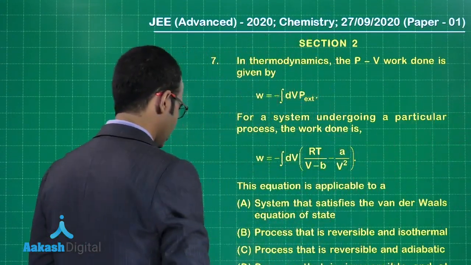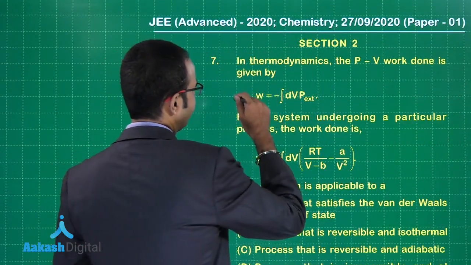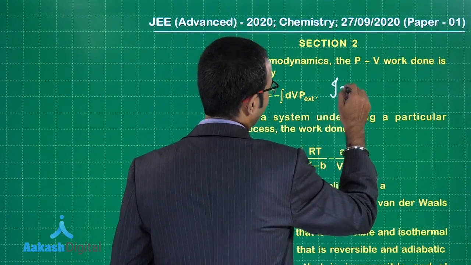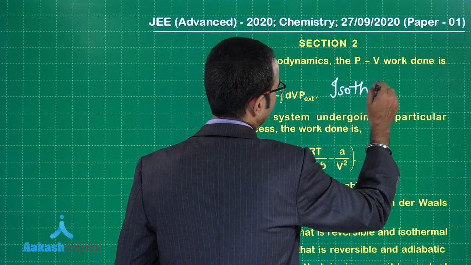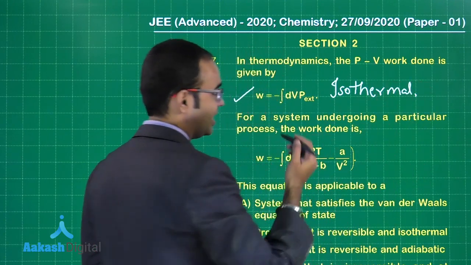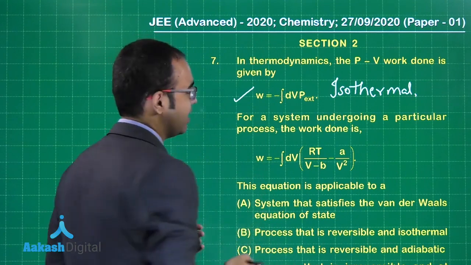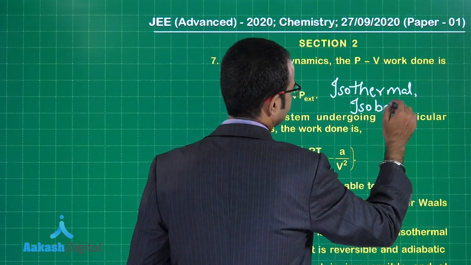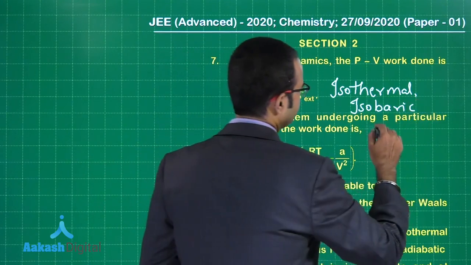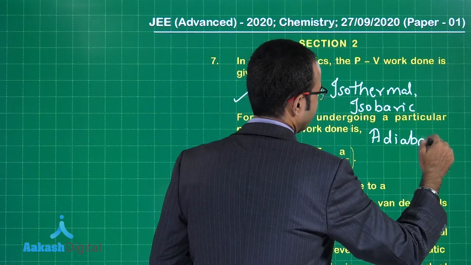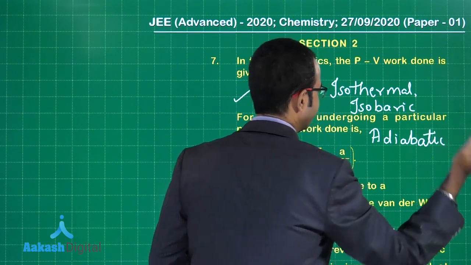So this equation, what is written over here, this equation is applicable for what? This equation is applicable for isothermal, it is applicable for isobaric, it is also applicable for adiabatic, guys.